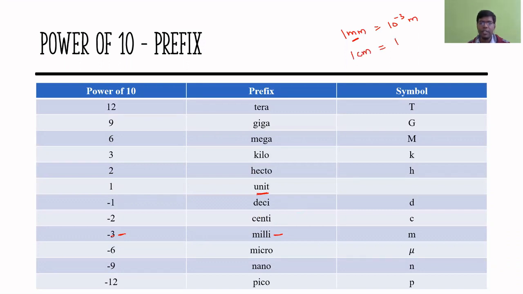So 1 centimeter is nothing but 10 power minus 2 meter, because if we use the prefix centi, the power of 10 will be minus 2. And the symbol is small c. Likewise, if the prefix is deci, then it is 10 power minus 1.